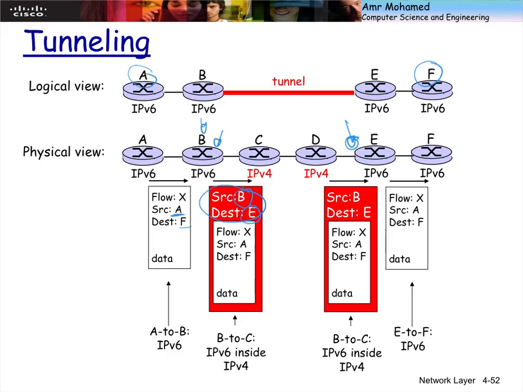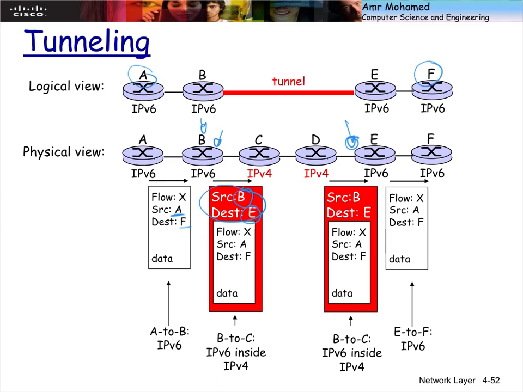Another technique that we talked about in Network 1, which we don't cover here, is called IP translation. With IP translation, I will not do tunneling. I will map the IP version 6 header to an IP version 4 header. I will translate it. I will take the IP version 6 address, truncate part of it, take, for example, the last 32 bits, and use this as an IP version 4 address.